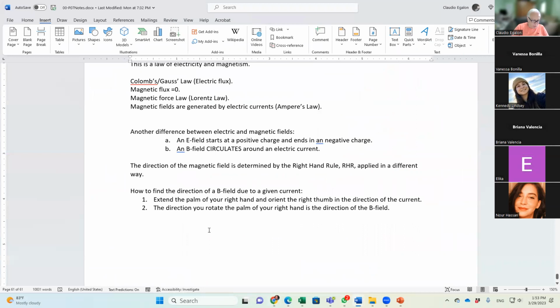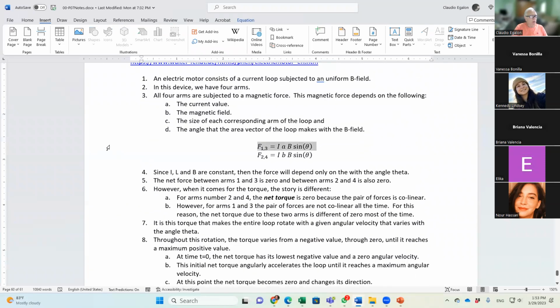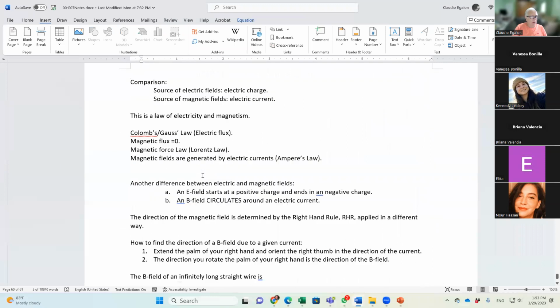Okay, so the B field of an infinitely long straight wire is inversely proportional to the distance from the wire.